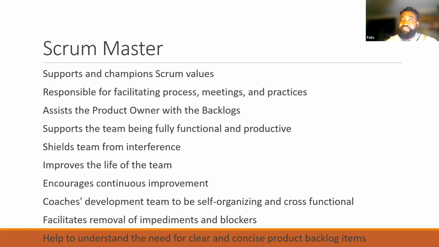So you ensure that the team is heading in the direction of meeting the sprint goal. So these are some of the responsibilities of a Scrum Master. Anybody else want to add one or two before we move on to product owner? And does anyone have any questions in regards to these responsibilities that we've listed here?